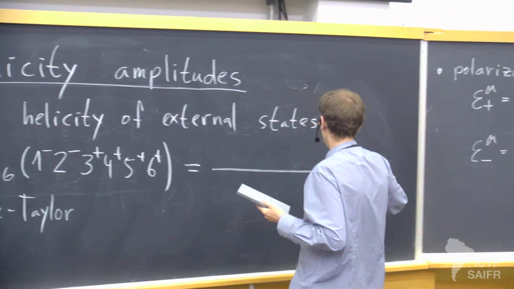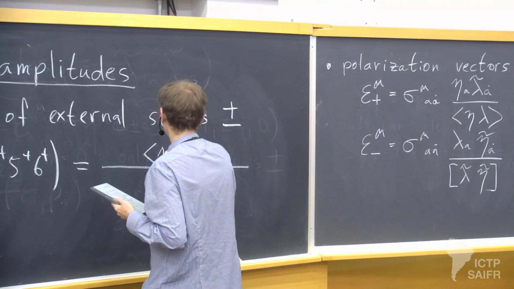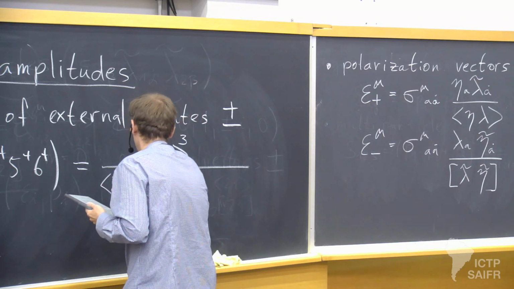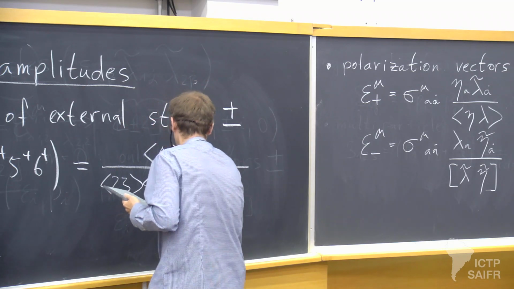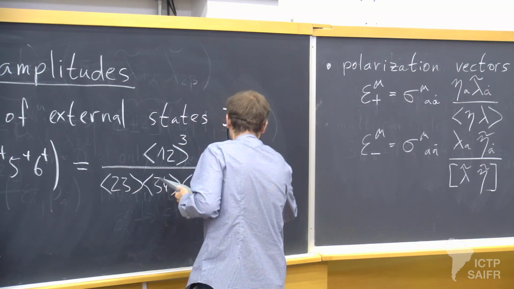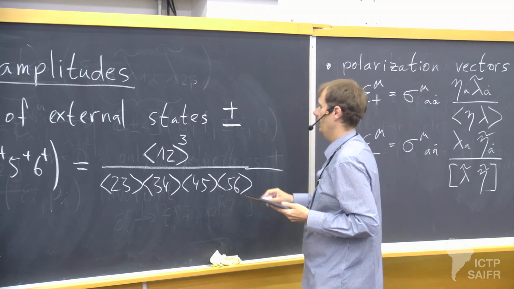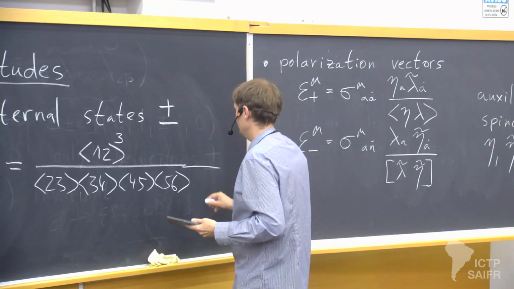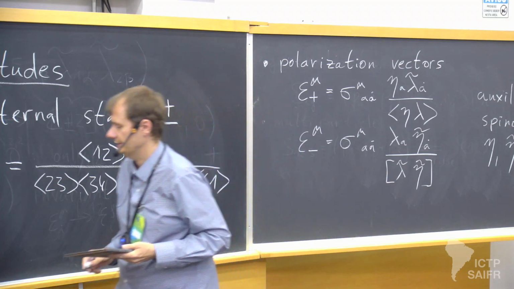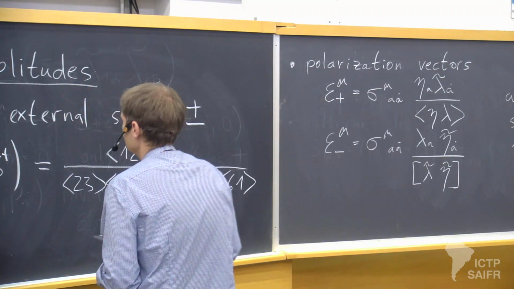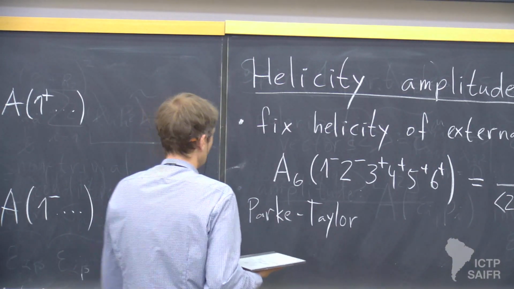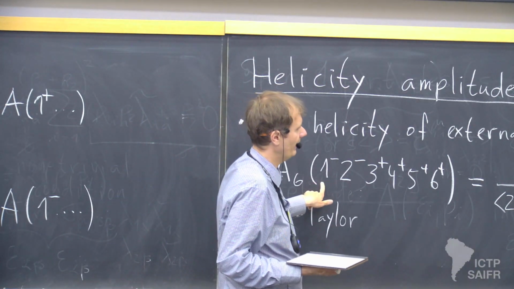And I write the formula again, and we can just check that it transforms properly. There is something very special here because it only depends on these lambdas, not lambda tildes, only on these angle brackets, not square brackets. So we can now check these properties. Particle 1 has helicity minus.